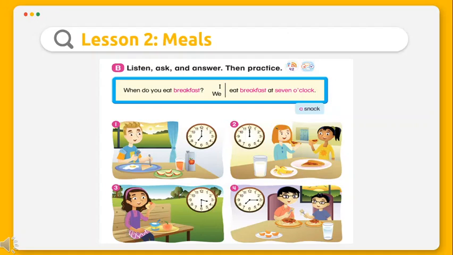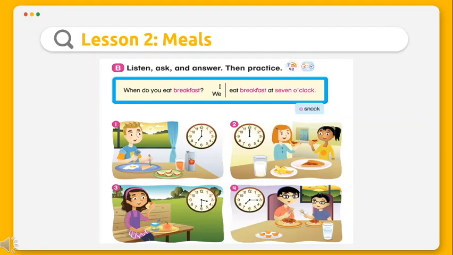When do you eat breakfast? I eat breakfast at 7 o'clock. When do you eat breakfast? We eat breakfast at 7 o'clock. A snack. 1, When do you eat breakfast? I eat breakfast at 7 o'clock. 2, When do you eat lunch?